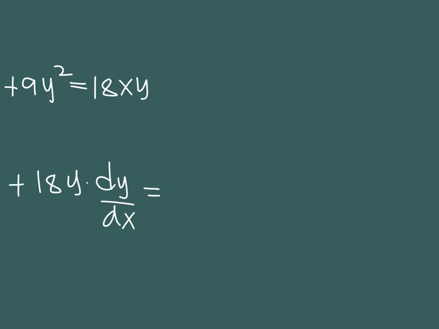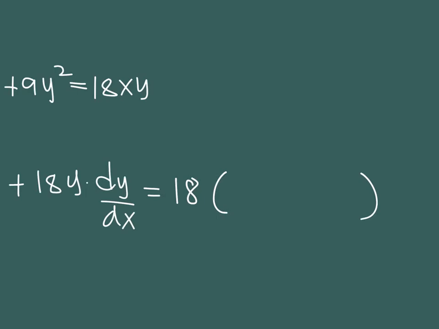And whenever we differentiate a product of two expressions, there is a rule that we can use, the product rule. So if we see an x and y, we have to apply the product rule. Okay, so for the meantime, you can leave the 18 outside of the x and y and perform the derivative on xy using the product rule.